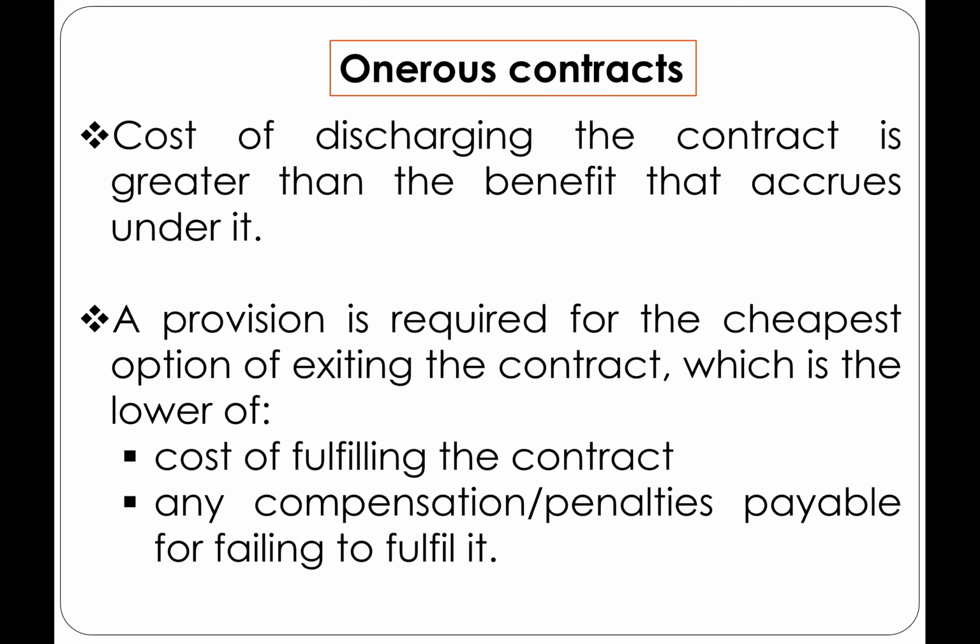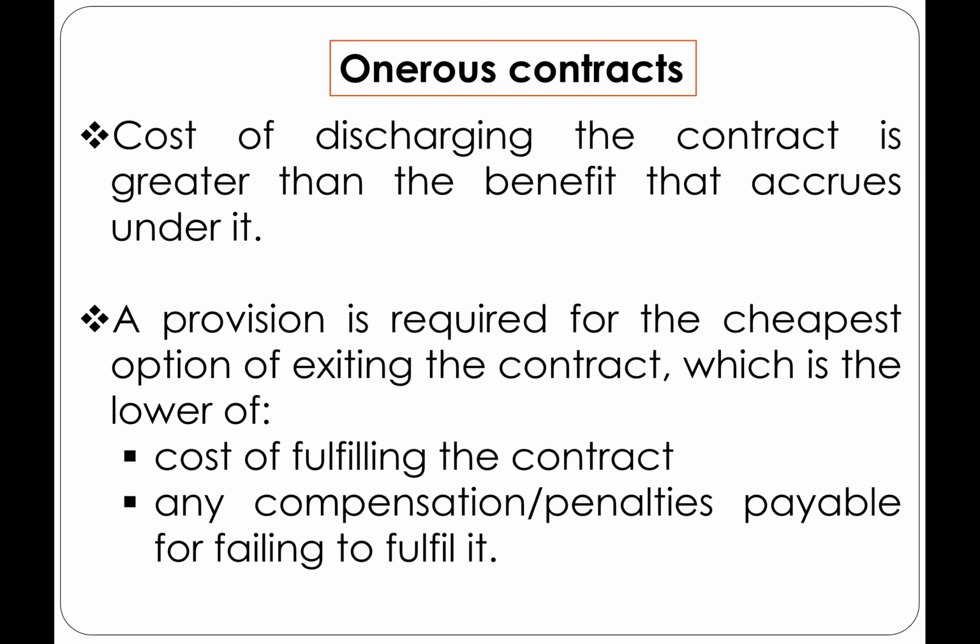Let's say, in the example that I've given, you have a lease contract for the next 3 years, but you feel that you're paying more than what you're getting as revenue. Then you need to say, if I stop selling goods at this particular premises, how much rentals am I going to be paying over the remaining tenure of the lease?